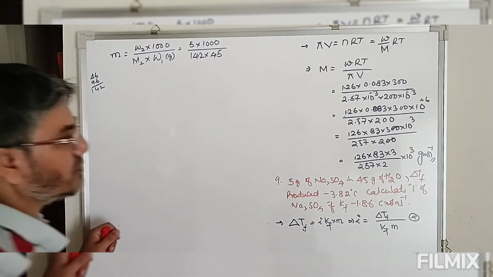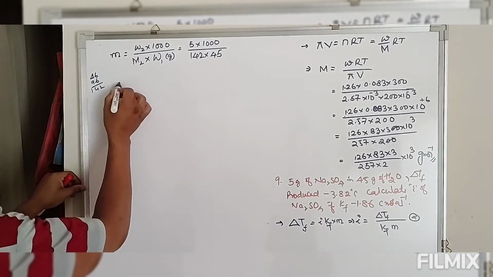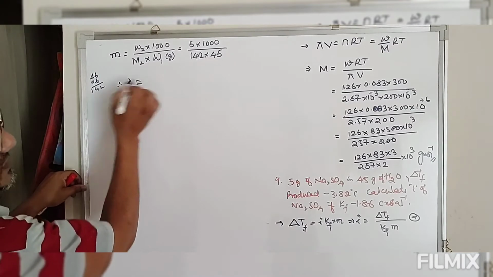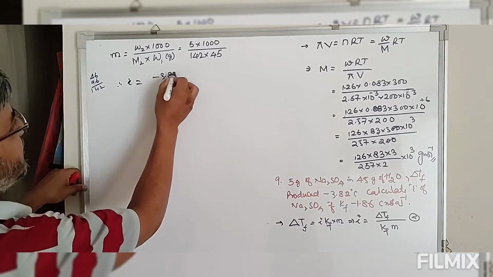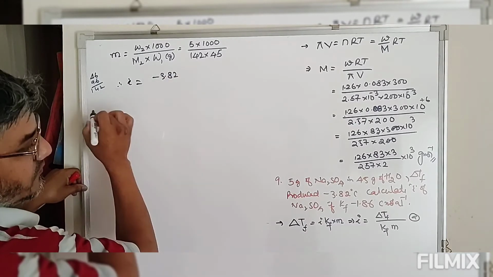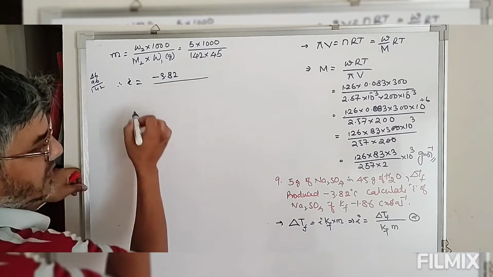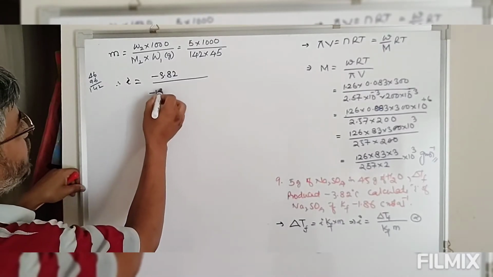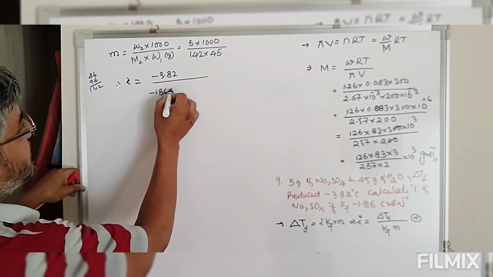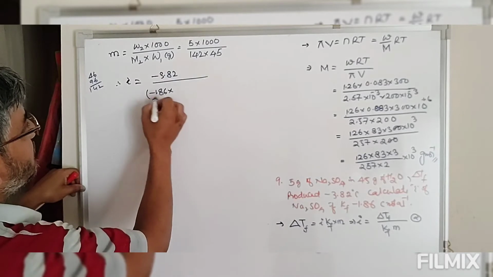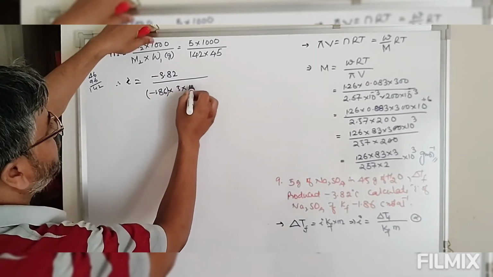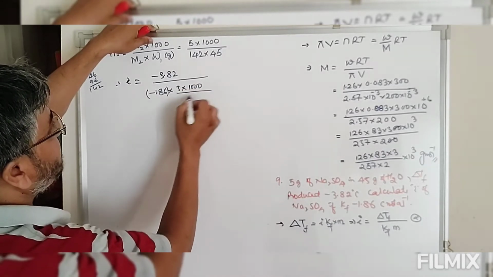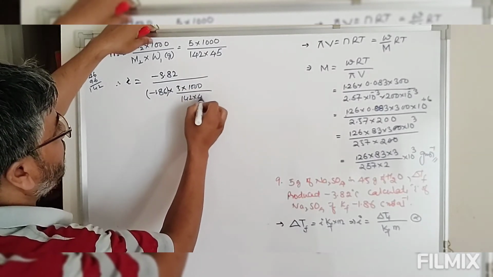Now we use the values of molality here. So therefore I is equals to delta TF, delta TF is minus 3.82, divided by Kf is minus 1.86 into M. M is here. So we have 5 into 1000 divided by 142 into 45.